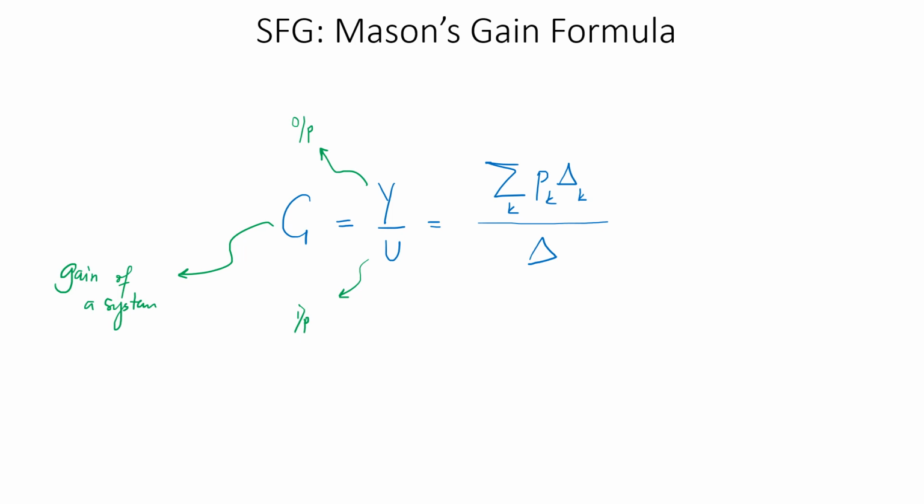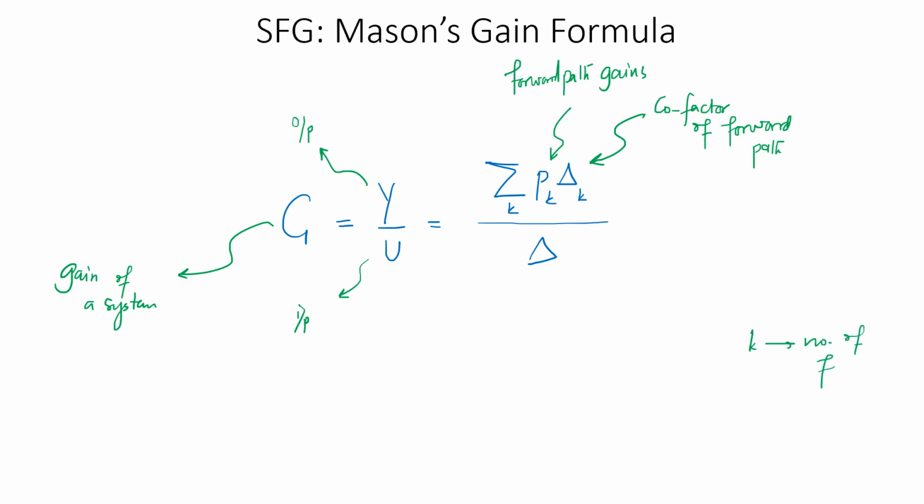And that can be computed if you multiply the path gains, or to be precise, forward path gains, with the cofactors. Now, since we have used this letter K in that, K is the number of forward paths.